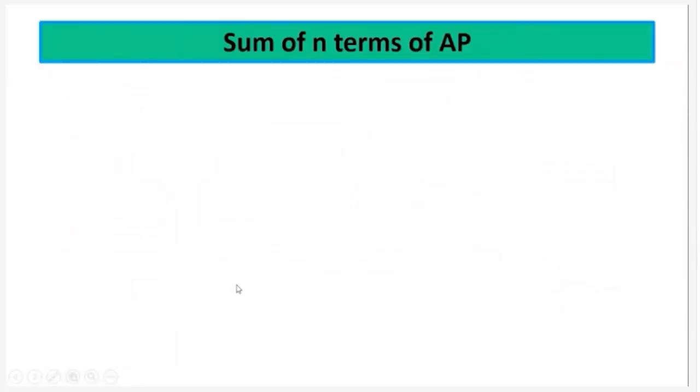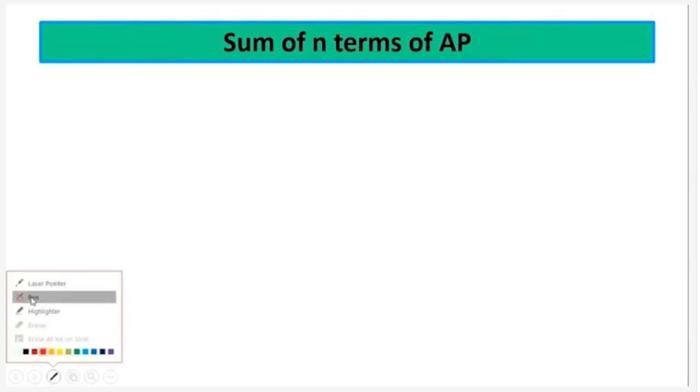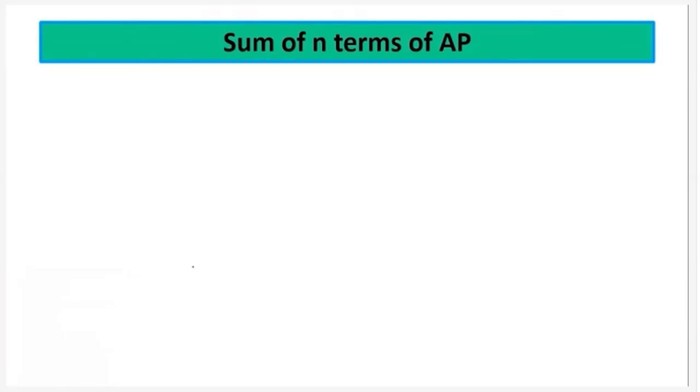Let's start. Sum of n terms of an AP. What was the last part? The last part was the nth term. What is the nth term formula? Let me write that formula one more time.